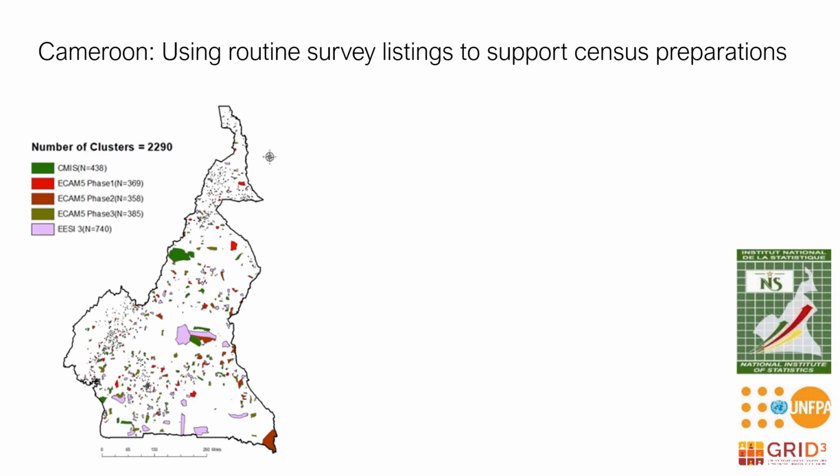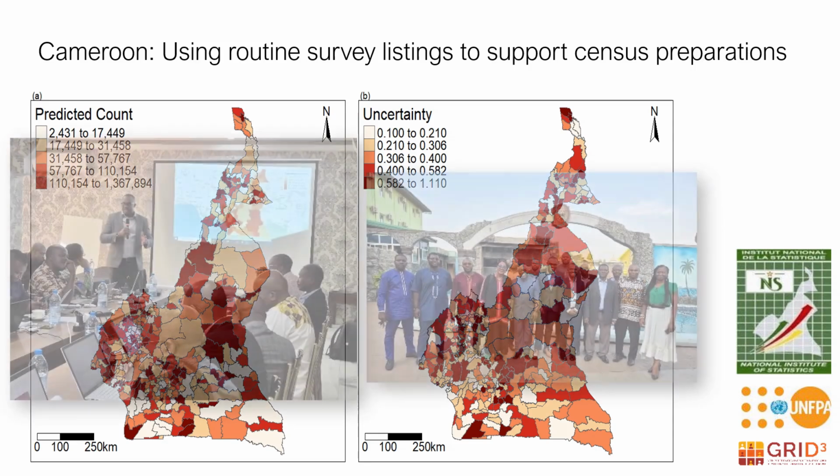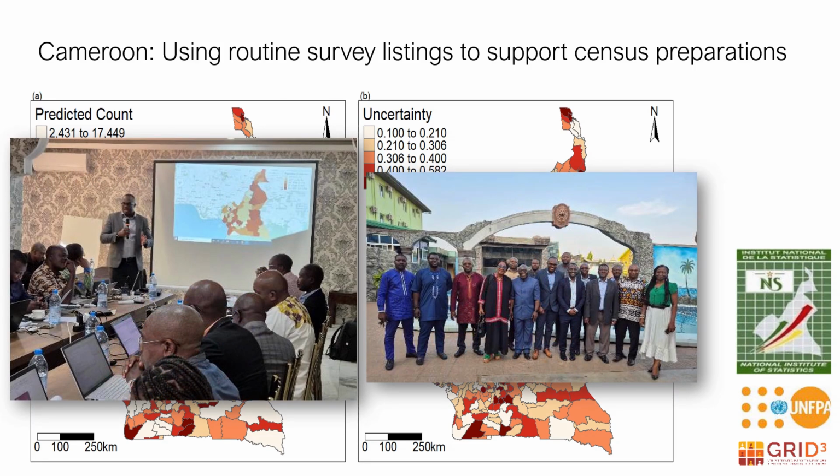There was a set of household surveys here, each one with a listing, a count of those populations in a much more recent time period, that could be used to produce predicted counts with uncertainty metrics. And the co-development approach meant that we now have a team in the statistics office who are fully able to explain and work with these data sets and adopt them and use them.